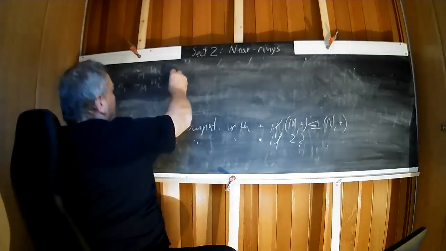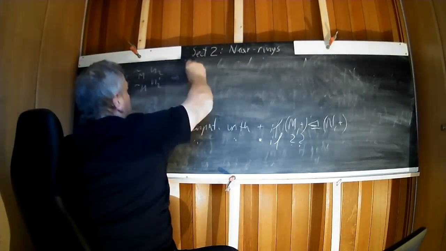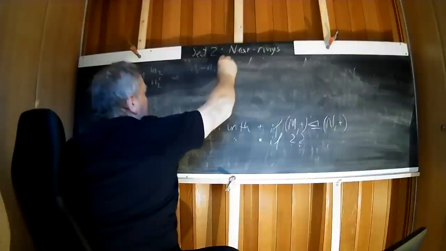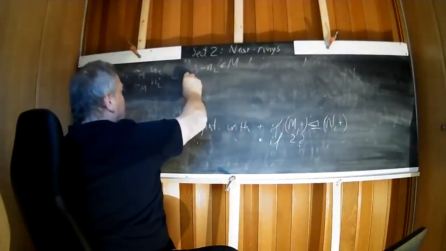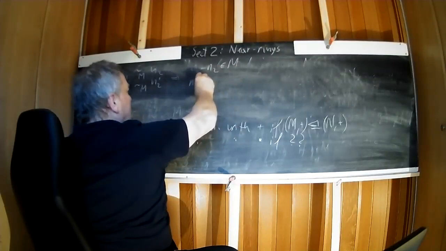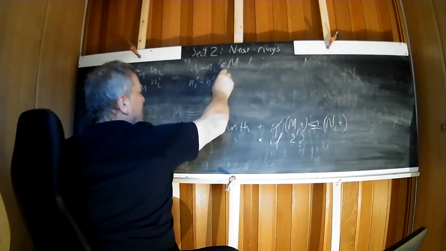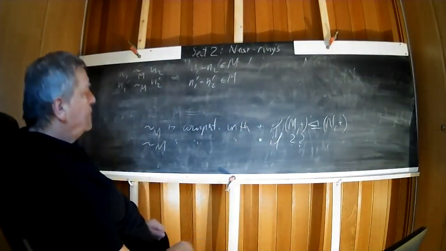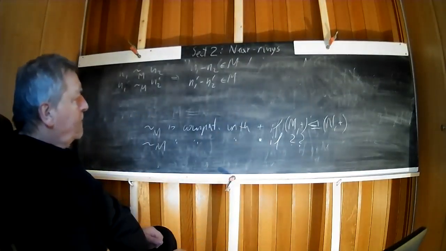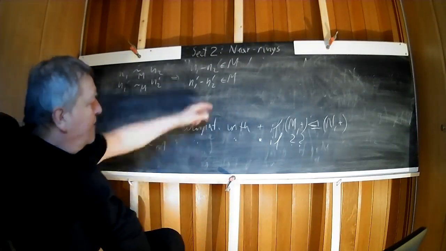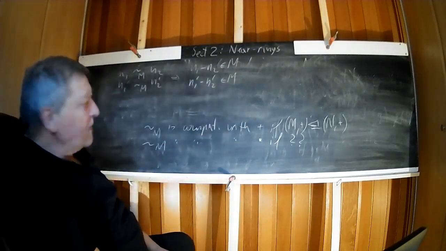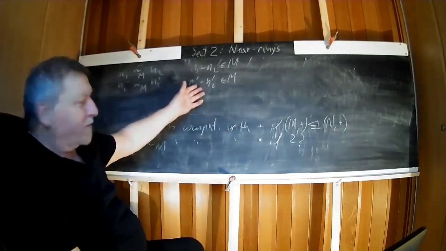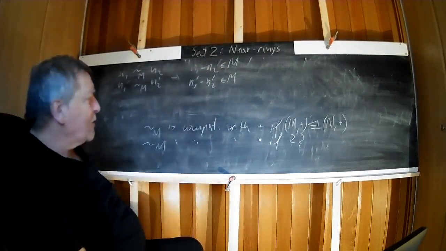We can translate this into what we had: N1 minus N2 must be in M, and N1 prime minus N2 prime must be in M. Now M was supposed to be a sub-near-ring, so we can say the product of these two things must also be in M.